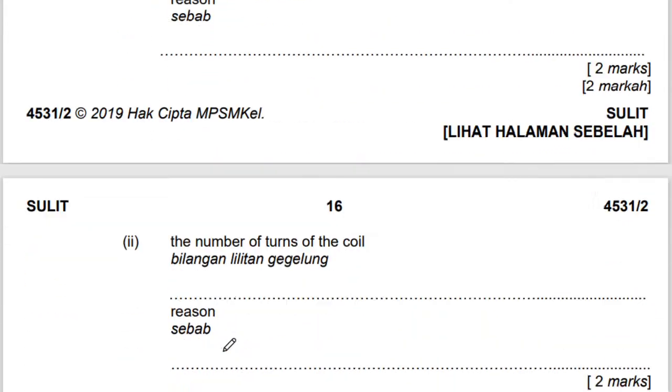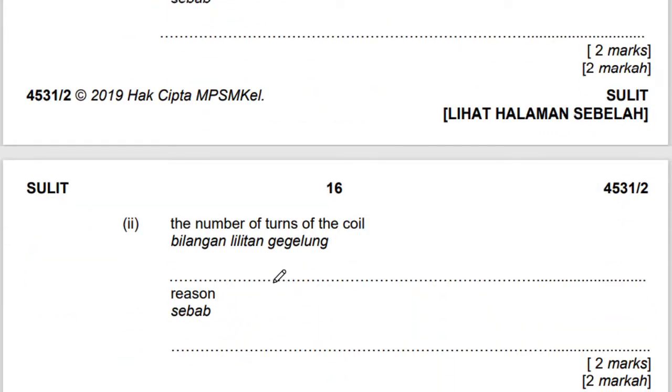Next one. Number of turns. More number of turns. Reason? Increased strength of the magnetic field produced. Yes, Vincent correct. More number of turns, reason, to increase the strength of the magnetic field.